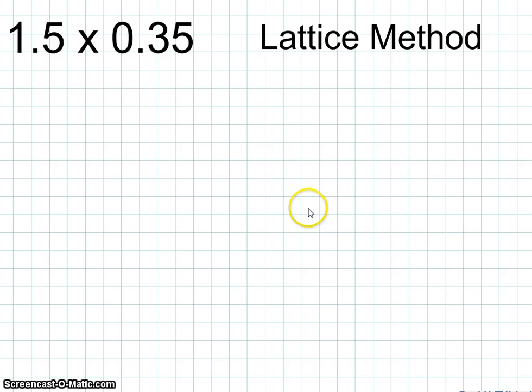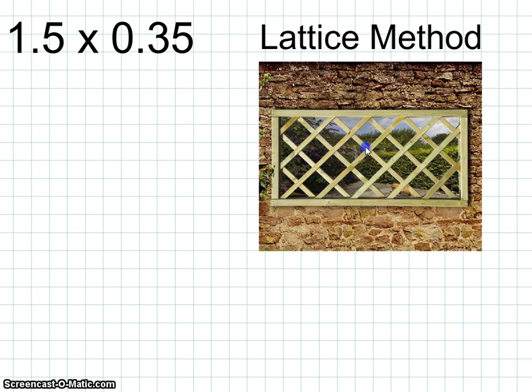So lattice method is the way that I'm going to be talking about in this video, and actually, sorry, here is a picture of a lattice window, and you can see the frames are made using wooden strips in this case.